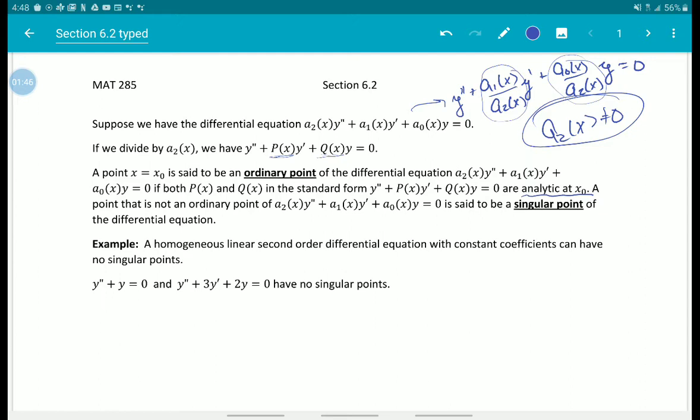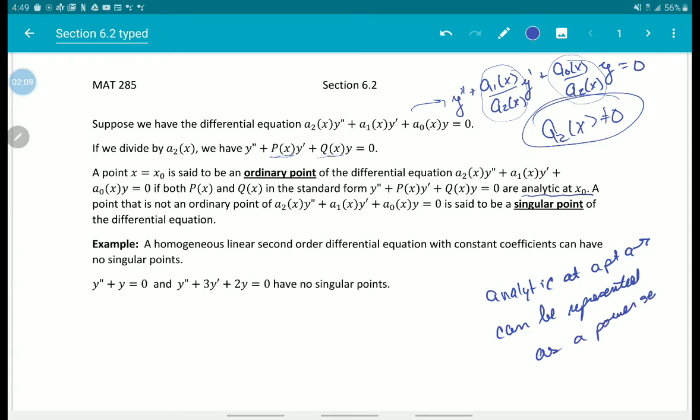Going back to the last section, when we were talking about analytic at a point, it said that we could write it as a power series in x minus a.